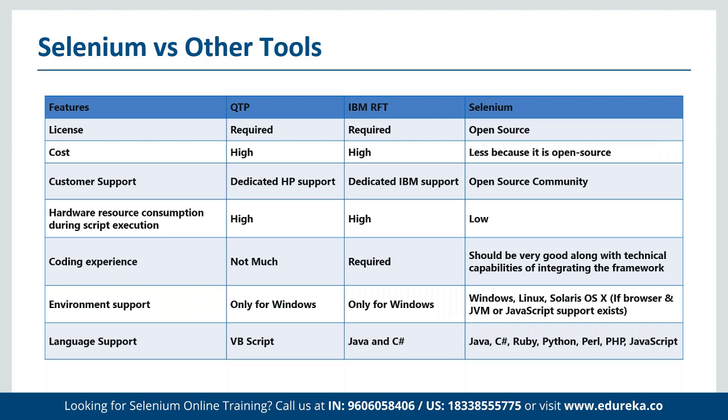So when we talk about the license part, QTP costs you around 1 lakh rupee per user, somewhere in that range. And IBM RFT, I'm not pretty sure about the commercial part, but yes, it is again one of the costly products. So for both the products, you need to take a license copy, whereas in Selenium, you do not need that.